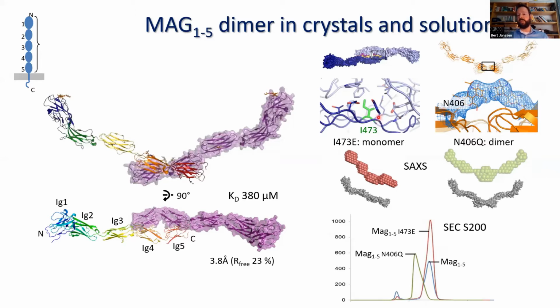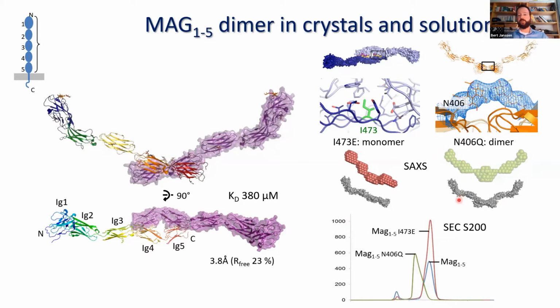But first, the monomer. So Matti made the monomer. We collected SAXS, small angle X-ray scattering data of that, and we constructed a low resolution envelope bead model, which looks very much like a single subunit in the dimer. And we collected SAXS data for the glycosylation mutant, and that reconstruction looks very much like the dimer.